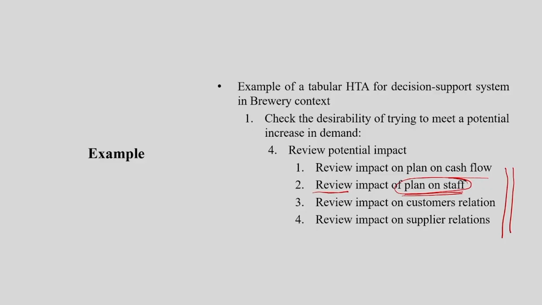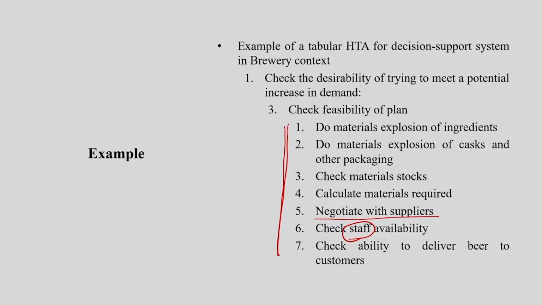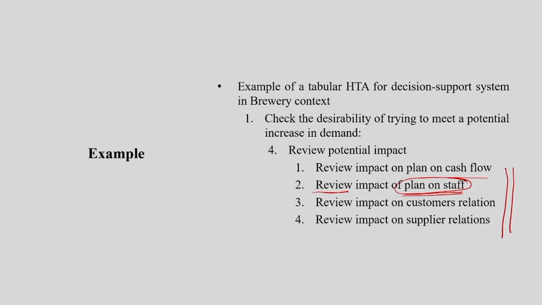Of course, you need to work on the customer relation. For this particular case, the customers are the pub people, who are actually buying your beverage. And then the supplier relation. So whatever you have planned in your earlier phase, all these processes, how these are going to impact all these 4 components, you have to really review.